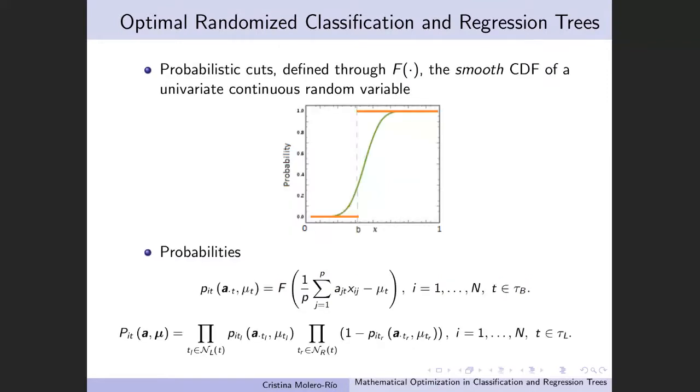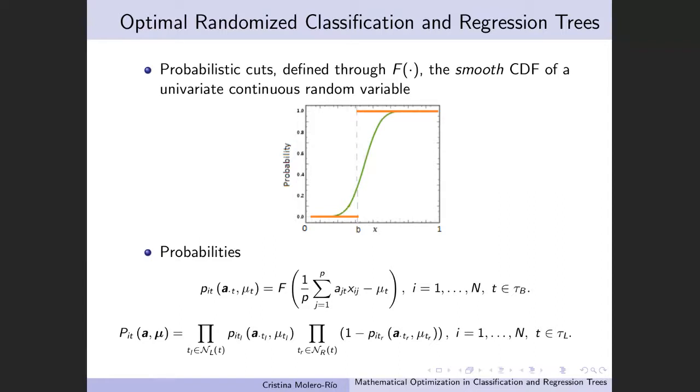As I have said, as opposed to the deterministic approach, which is represented in this image by the orange line, the yes/no decision rules in our approach are being replaced by a probabilistic cut, which is induced by the inclusion of a smooth cumulative density function of a continuous random variable. We will denote it by F.